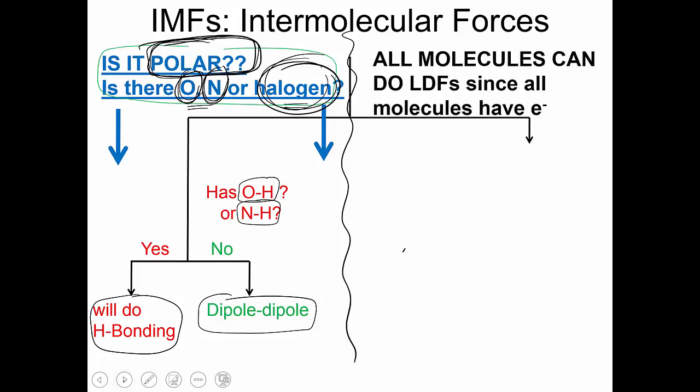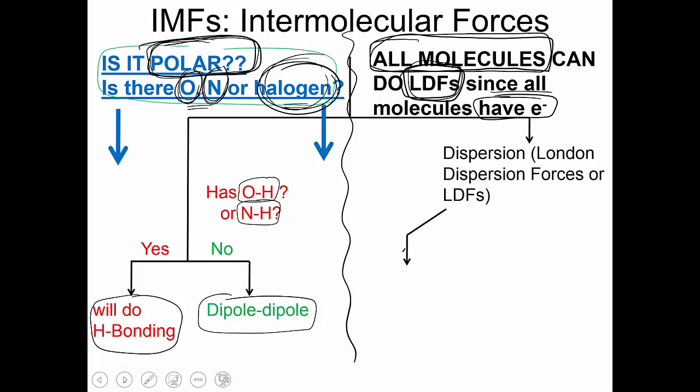So the next thing to look at is LDFs. One important thing to note about London dispersion forces: all molecules can do it because all molecules have electrons that move around on it. So whether it's polar or nonpolar, it can do LDFs. And it depends on the number of electrons. I modify these ranges all the time, but this hopefully gives you a rule of thumb.